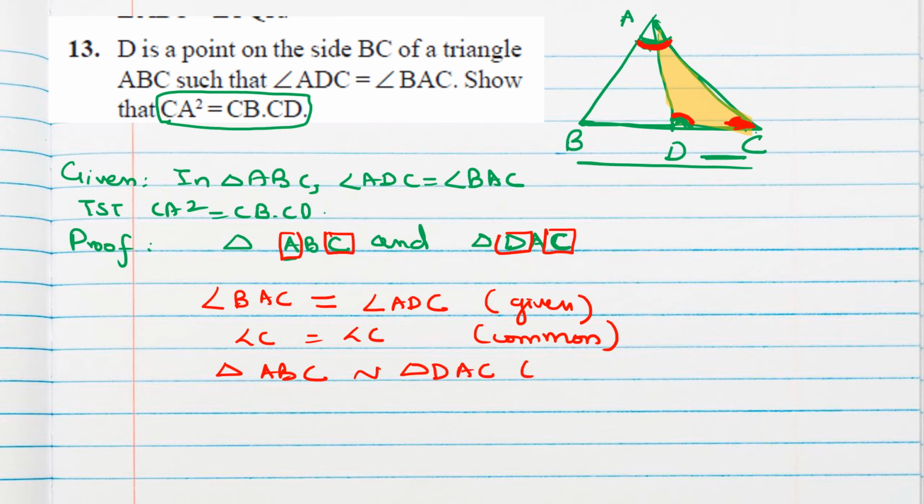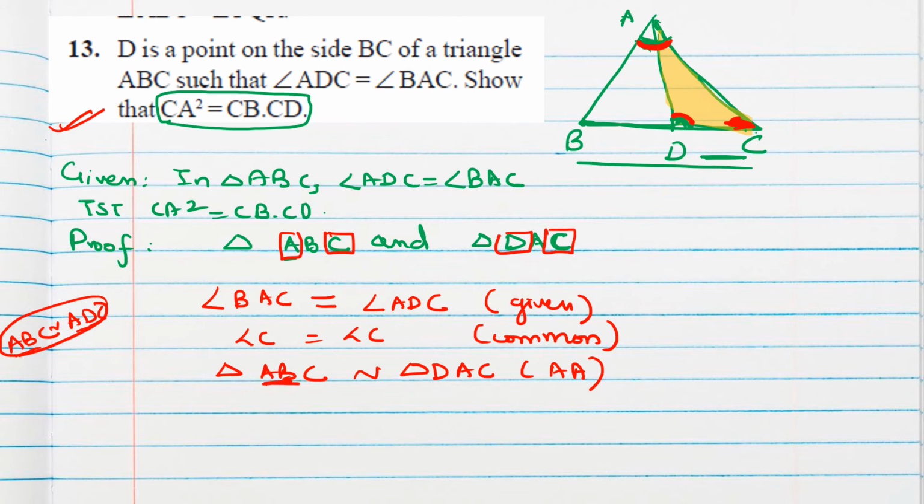See, writing in corresponding position is very important. Otherwise, you won't get the required expression. Suppose if you write ABC and ADC like that, you won't get the required expression. So all the corresponding parts which are equal should be at the same position. Now we can write sides in corresponding ratios are equal by corresponding parts of similar triangles.